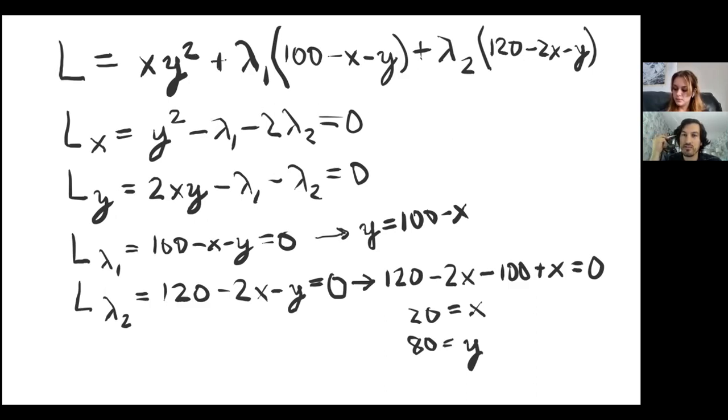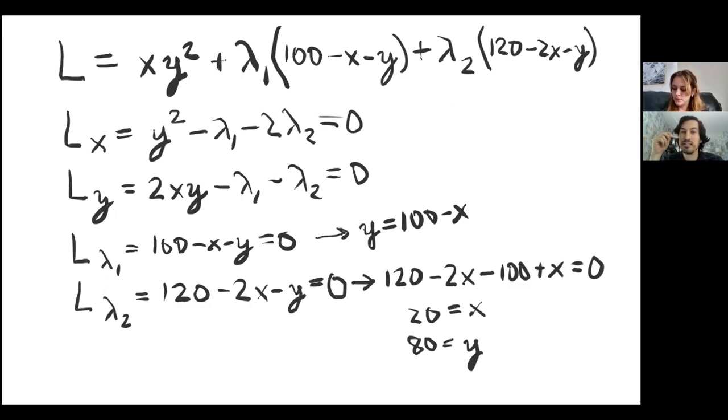What is x equals 20, y equals 80? That's just the intersection of these two downward sloping lines in the first quadrant of the xy plane. Maybe you can see that in your head and maybe you can't. I've done this for so many years now that it's just second nature to me.